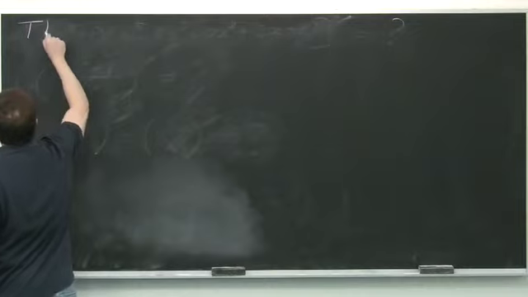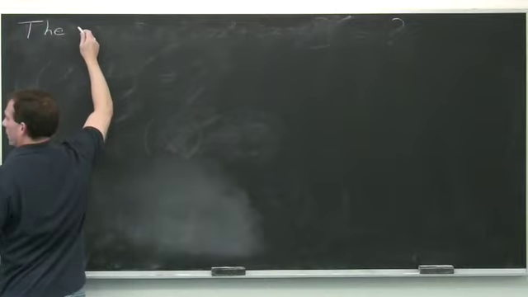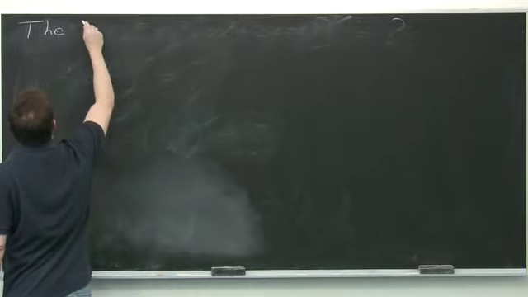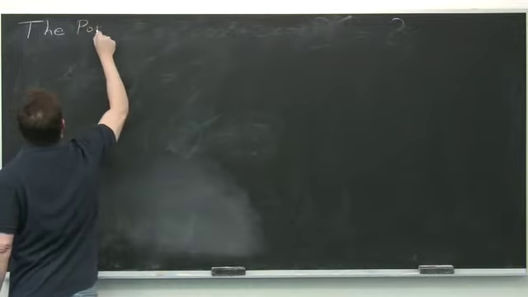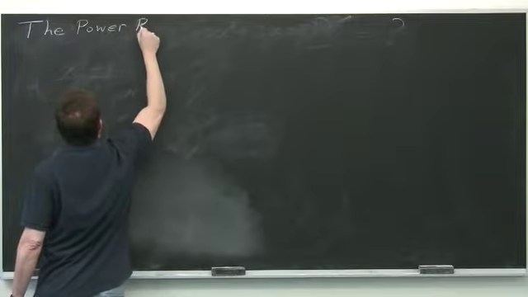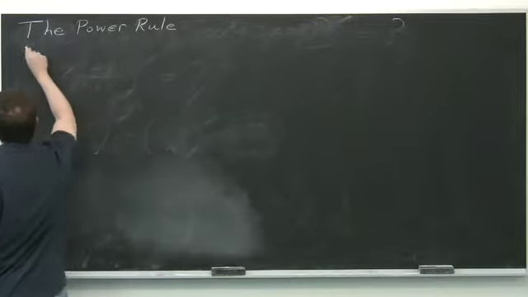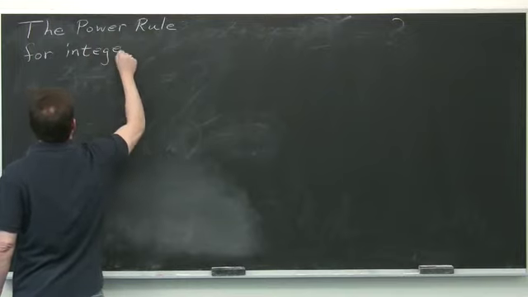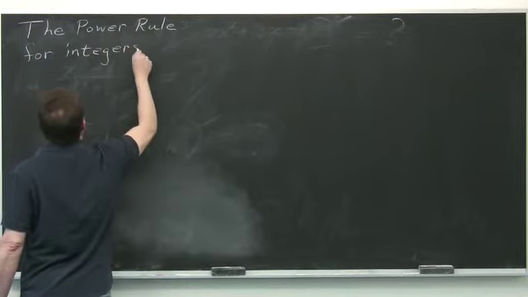We immediately conclude from the quotient rule and the power rule for natural powers, the power rule for integer powers, including negative integers for integers n.